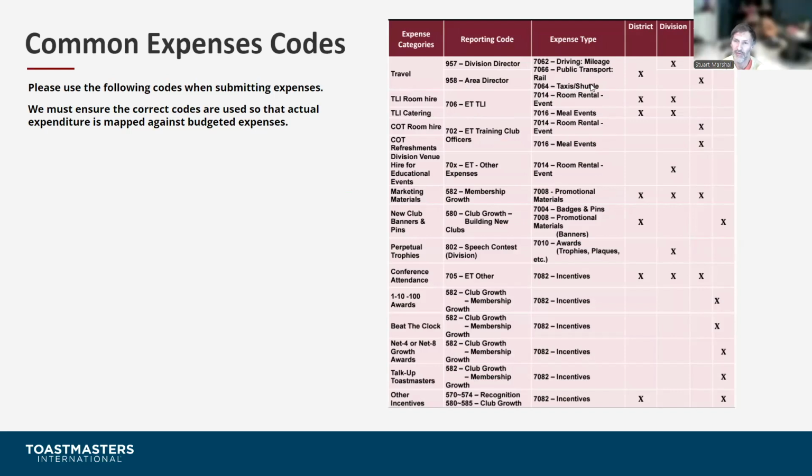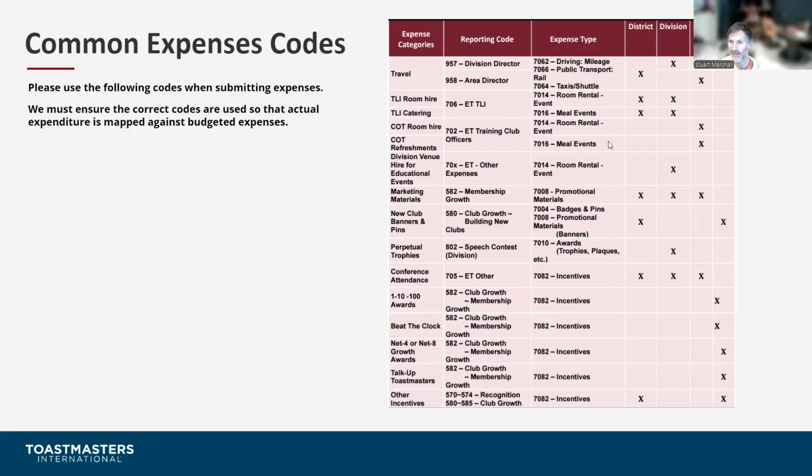You will be distributing this deck, and it will also form part of the updated finance guide that will be available shortly. So not expecting anyone to remember all these codes, but useful to have as a bit of a cheat sheet on the common ones.